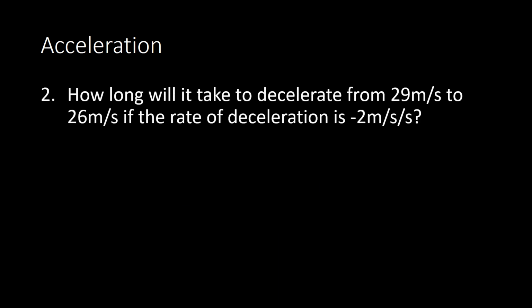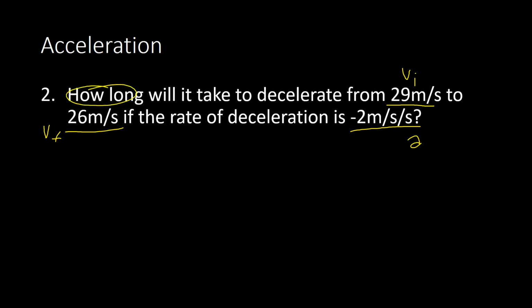How long will it take to decelerate from 29 meters per second to 26 meters per second if the rate of deceleration is negative 2 meters per second squared? So "from" tells me that my initial velocity is 29. "To" tells me that my final velocity is 26. The deceleration, or acceleration, is negative 2 meters per second squared.